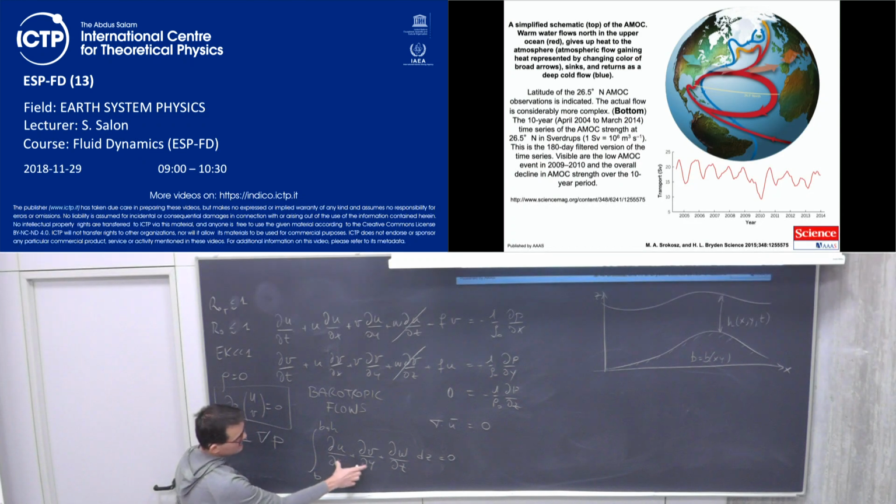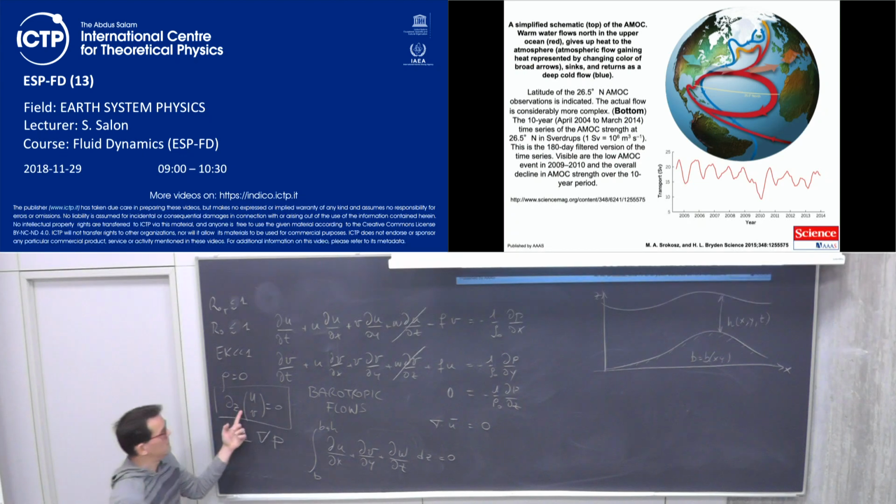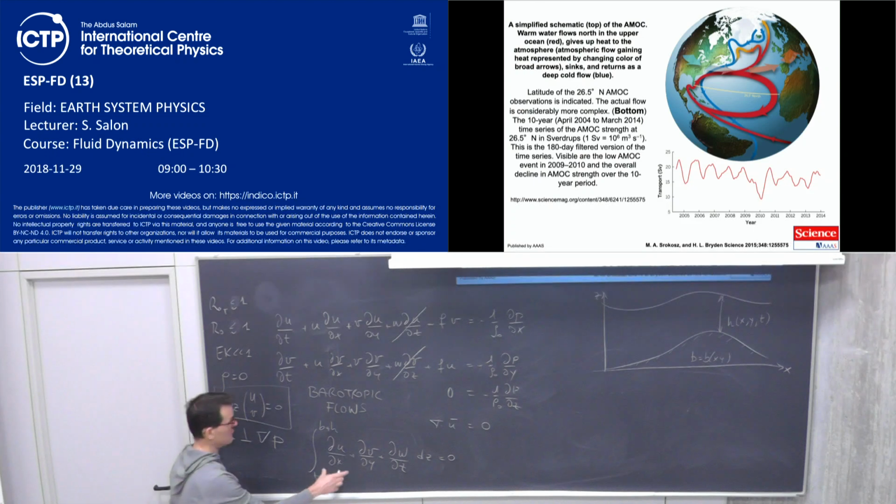Don't forget, we are still working with the no shear fluid flow. So we can move these two parts out because they do not depend on z, on the vertical.